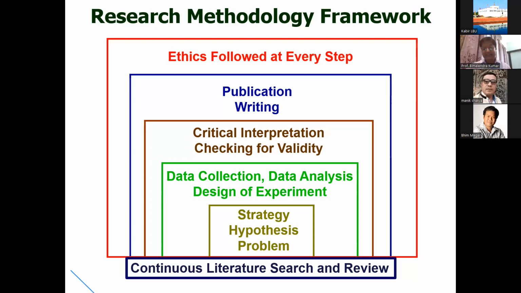Then second is the strategy, hypothesis, and problem. First of all, there is a research problem. Unless there is continuous literature search, or you are making a review of the literature available on your research work, there cannot be research problems arising in your mind.